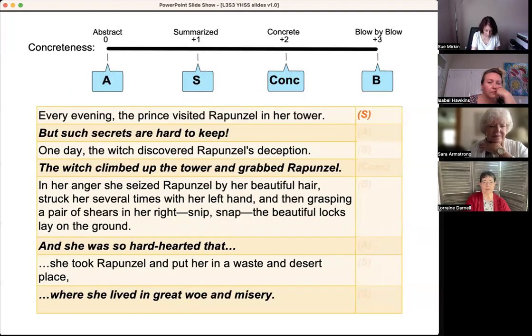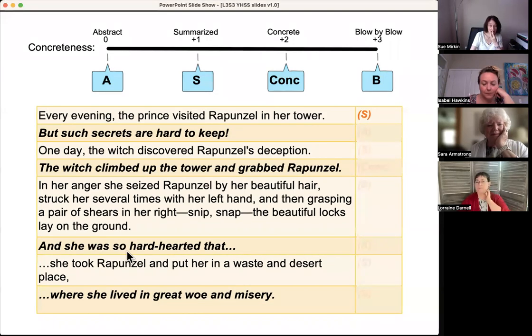But such secrets are hard to keep. What's that? Somebody else. Lorraine, looks like you want to say something. Yeah, go ahead, Lorraine. You're still muted, I think. Abstract.